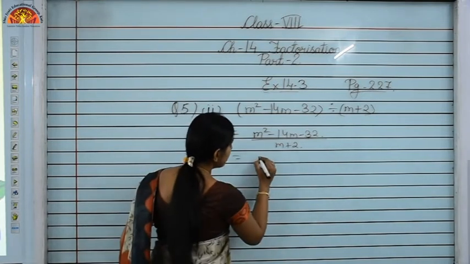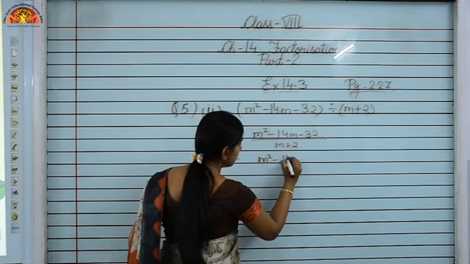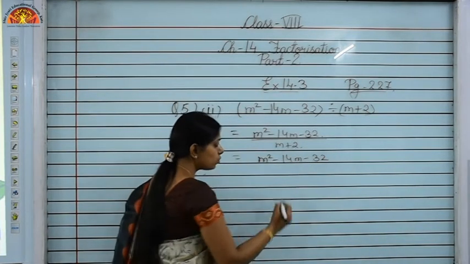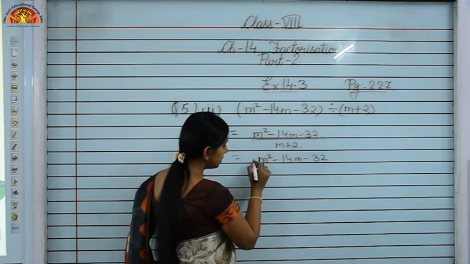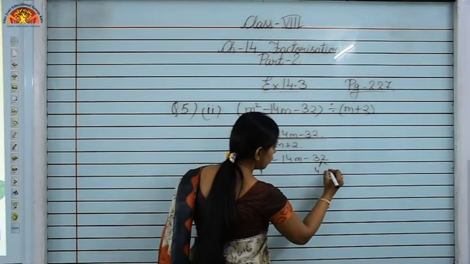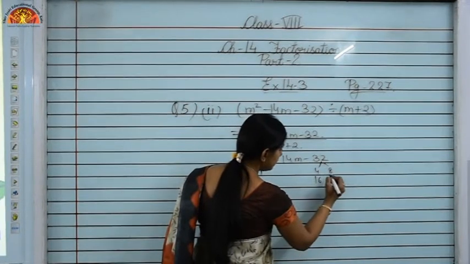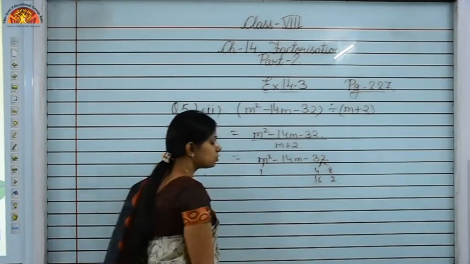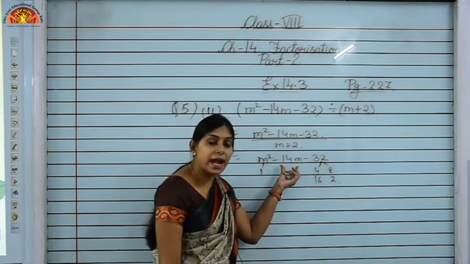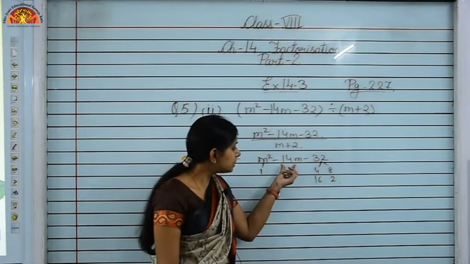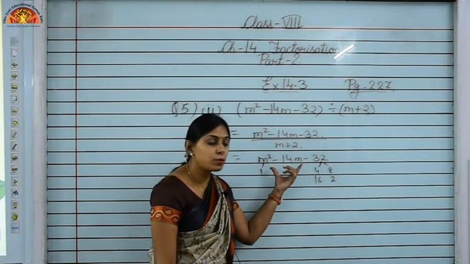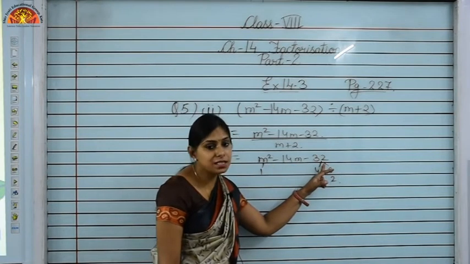So as you know, factor of 1 is 1 only, and factors of 32 are 4, 8, 16 or 2. So you can just take any combination in such a way that when you are adding or subtracting, your middle term should be minus 14, and when you are taking the product, your term should be minus 32.